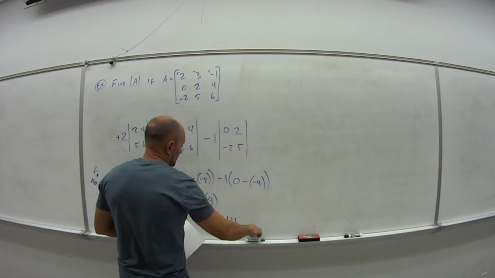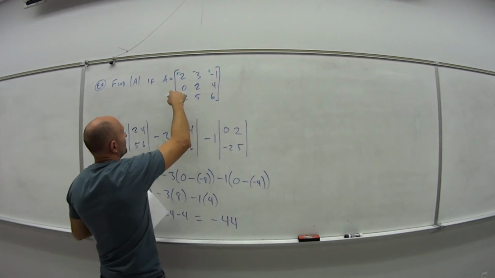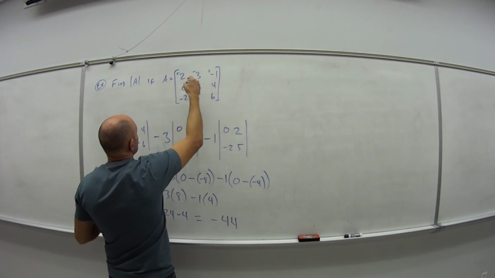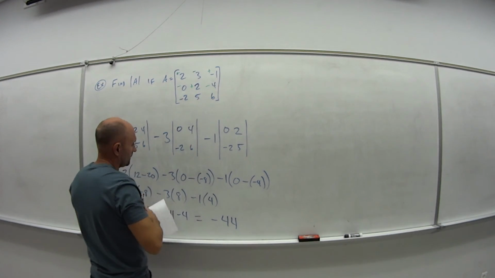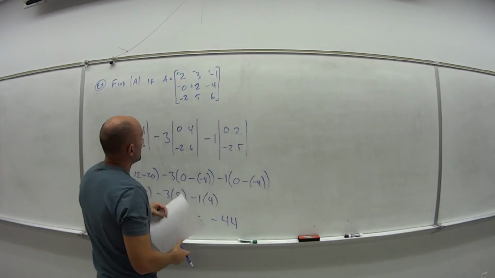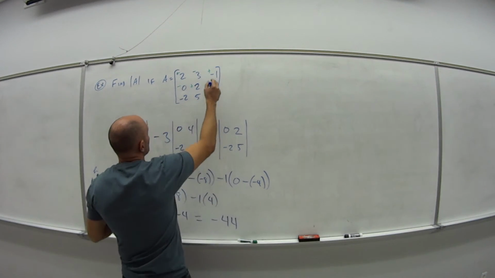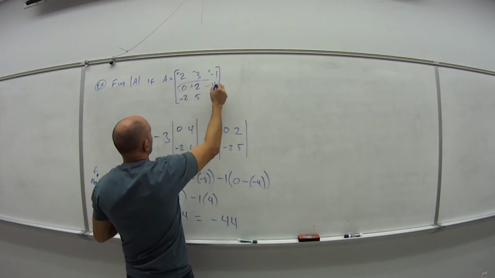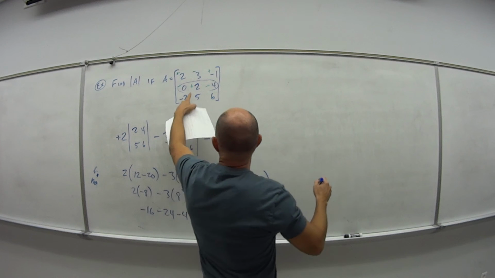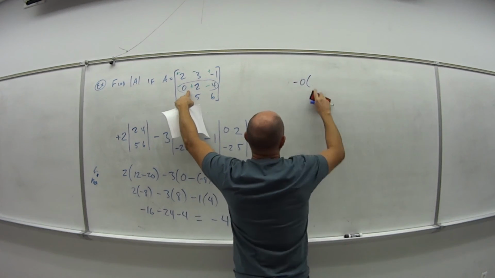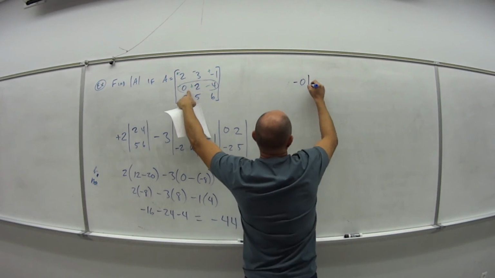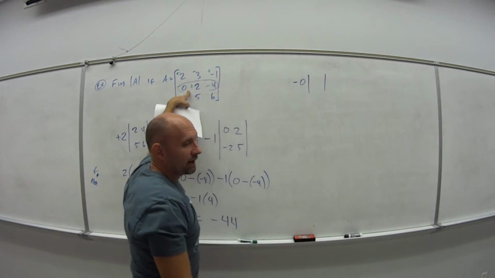So let's use the second row, but because I'm using that second row, I need to keep continuing this plus minus matrix. So now I'm using the second row for my work. So I have what? I have negative 0 times some determinant. I really don't care, right?